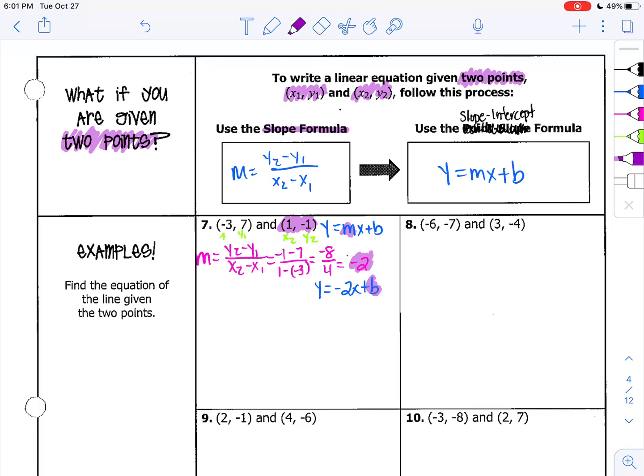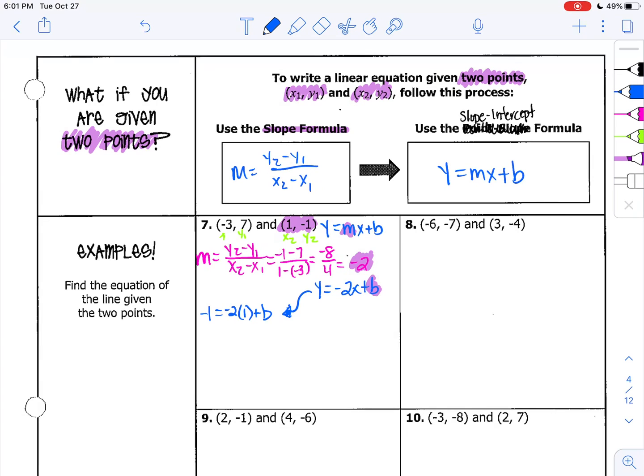So using that point in the equation we have written so far, we're going to find our b value. So we're going to replace y with -1 because that's the y value in the point that I chose, equals -2 times 1 because that's the x value in the point I chose, plus b.